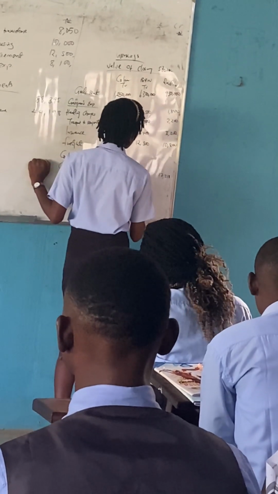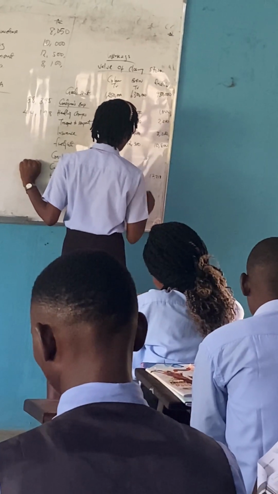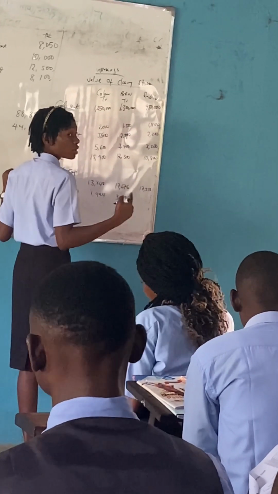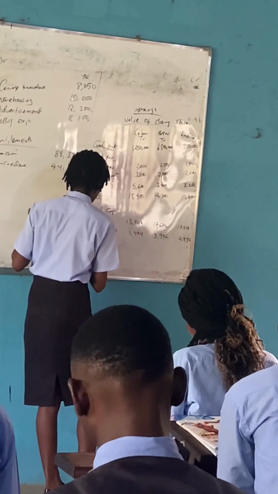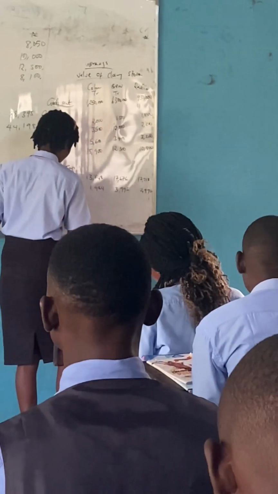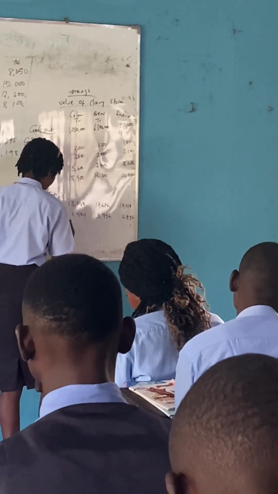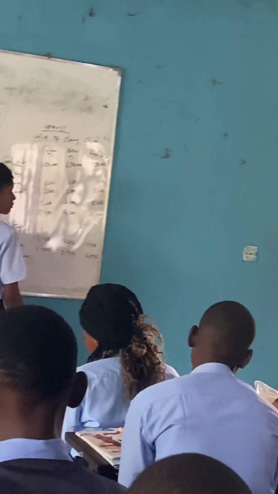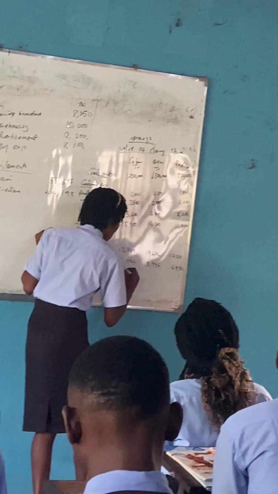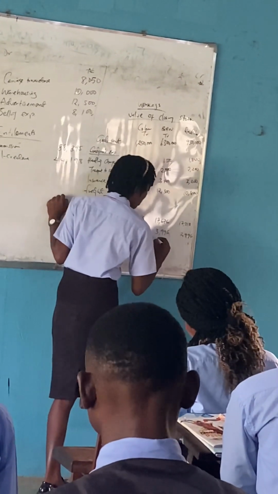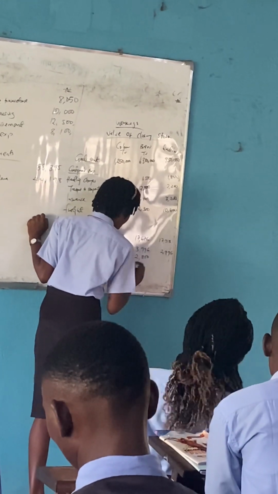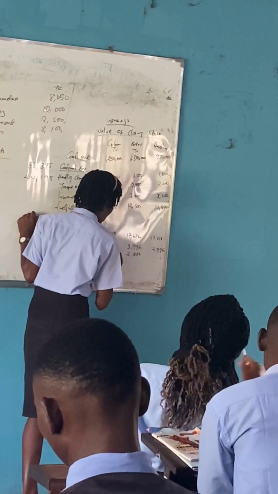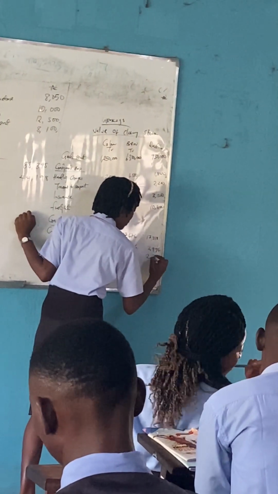3,996. Good, now can you see the board? 2,996. Carry it to the warehouse in the next one. 8, 3 8, 2 8, 2 7.